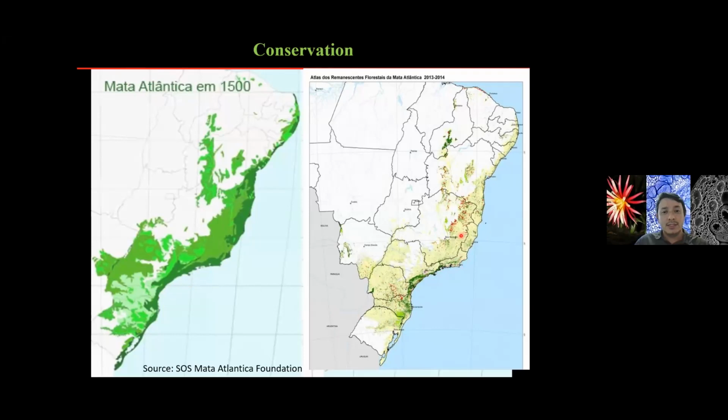And if we consider every single green dot here, we still have about 12 to 14% of the Atlantic forest remaining. And where there are no green dots are big cities or even big field crops. So not only the epiphytic cacti but the species from this biome are really in danger.